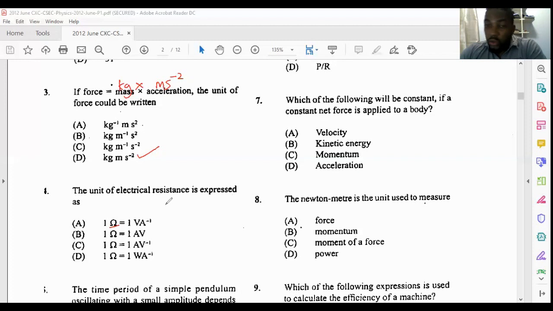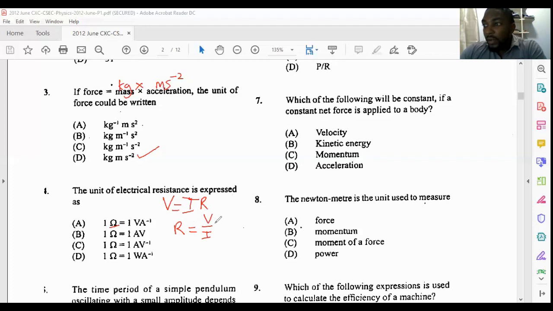What you should know at this point is the formula V equals IR, which is known as Ohm's law, right? That voltage is equal to the current multiplied by resistance. So the unit of electrical resistance, you can rearrange this formula, which gives us R equals V over I.